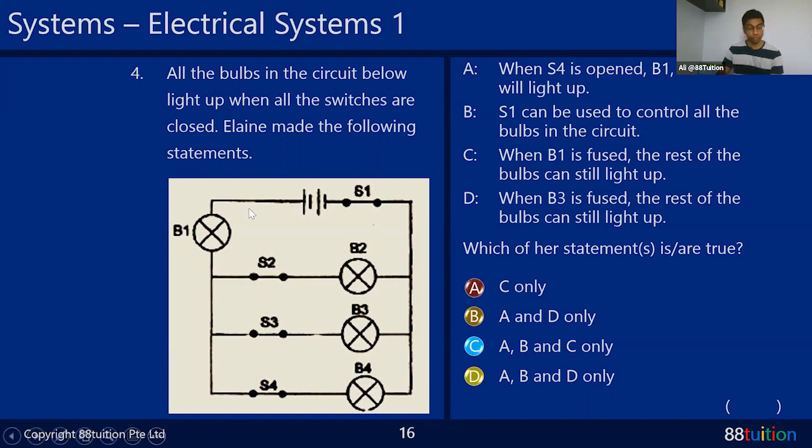This needs you to read all the 4 statements, A, B, C, D, and decide for yourself which one is correct, which one is true, which one is false. And then you can pick an answer A, B, C, D. Those of you who don't come to class with a pen and paper, you know that you should, then you can write down, oh, A is true, B is false. Then you can make a conclusion.